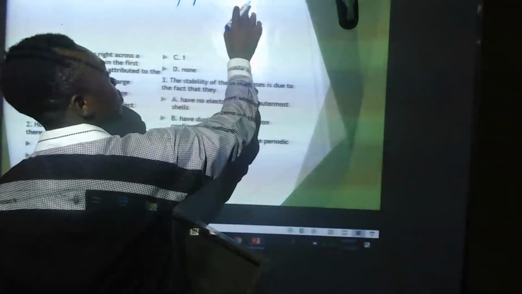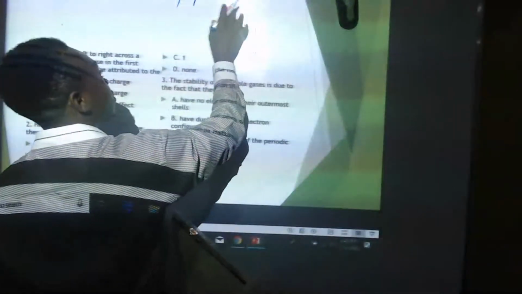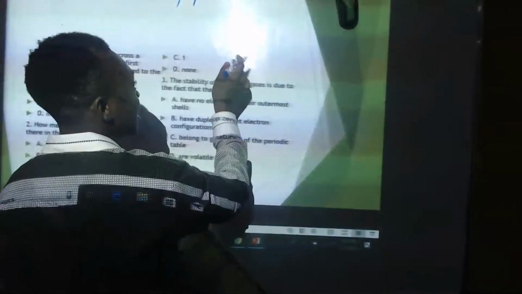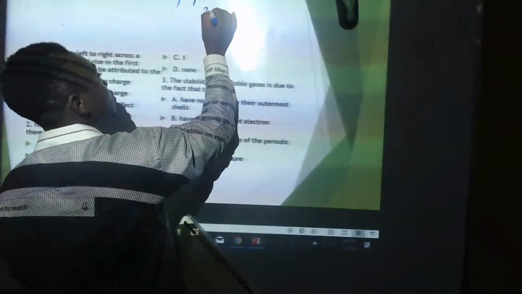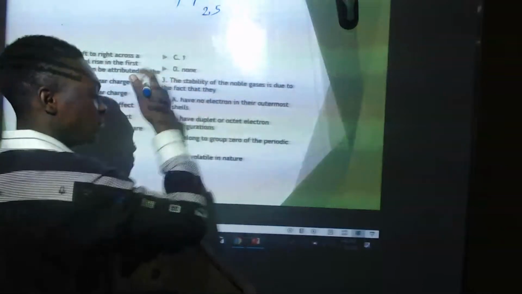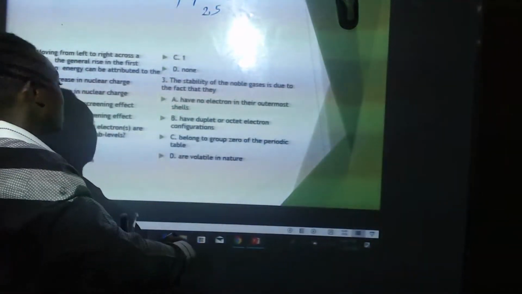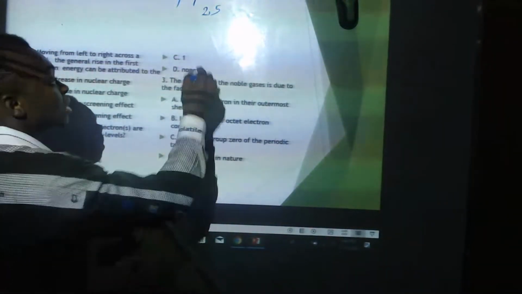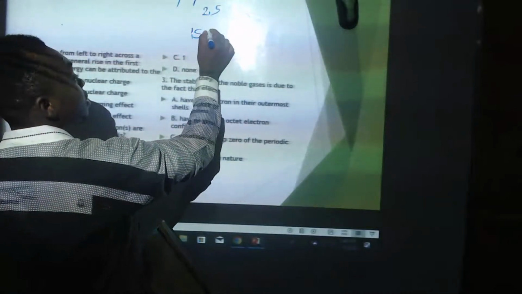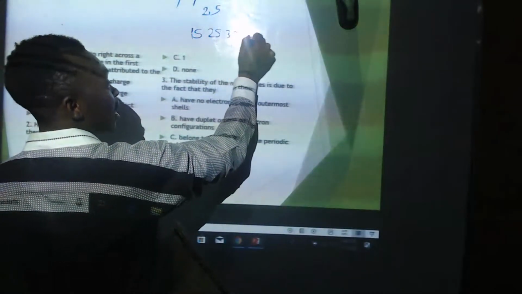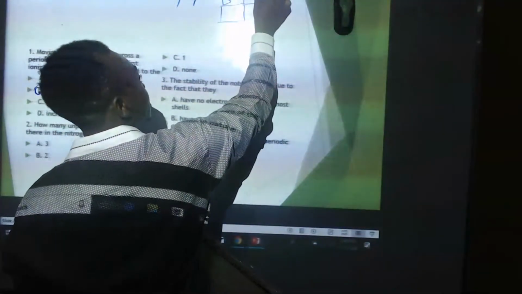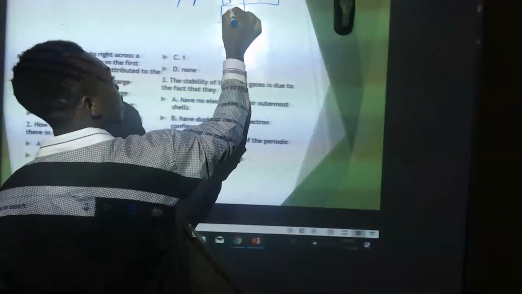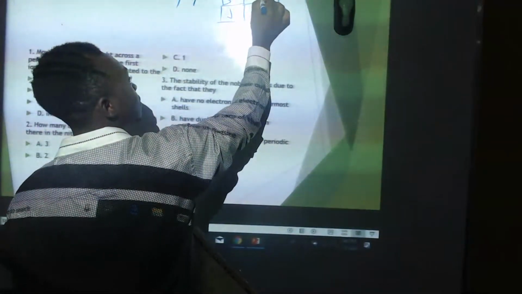I told you about the s, p, d, f sublevels also, or subshells. Now this is 7, and the configuration is 2 and 5. That is nitrogen. Now how will we be able to find the unpaired electrons? I told you about the 1s, 2s, and 2p. This is your 2s. And I told you that before you pair, you fill them singly first.